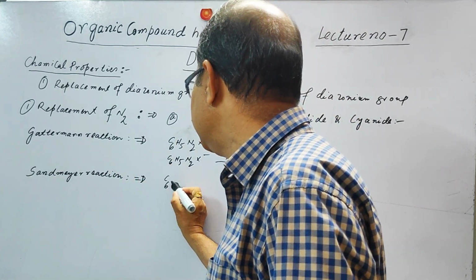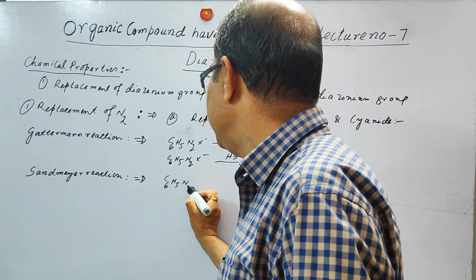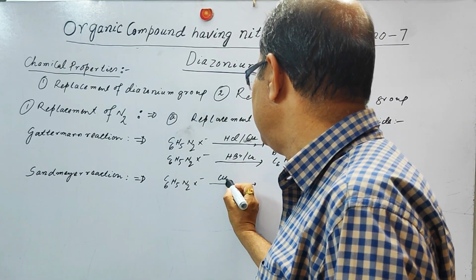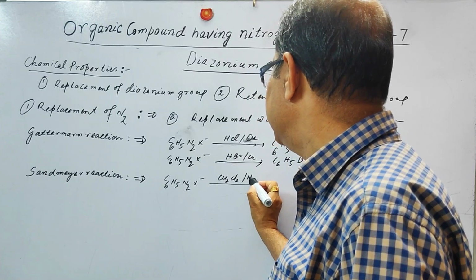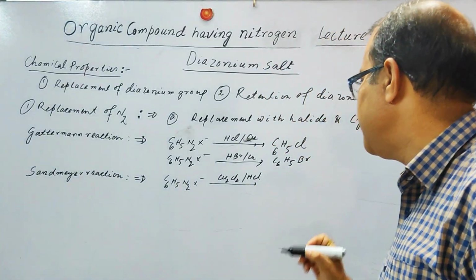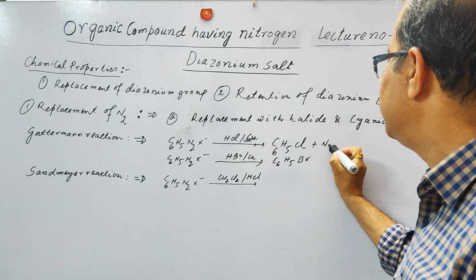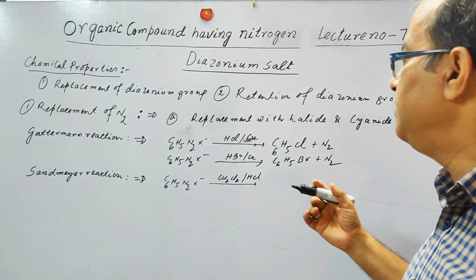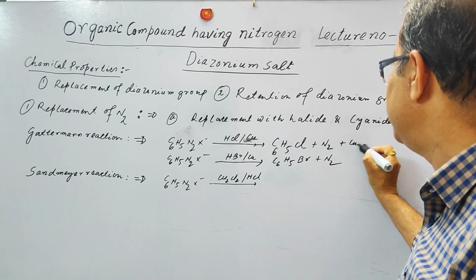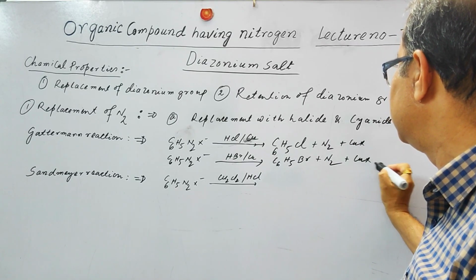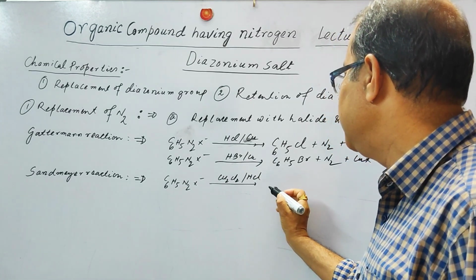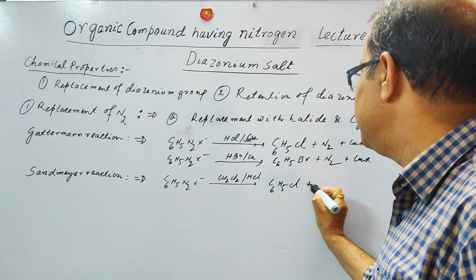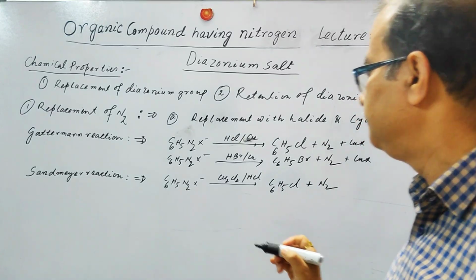So the reaction is this: C6H5N2X with Cu2Cl2 and halogen acid, and here also you can see nitrogen gas is evolved, and another product will be formed, CuX. With CuCl2 and HCl, you can see again chlorobenzene and N2.